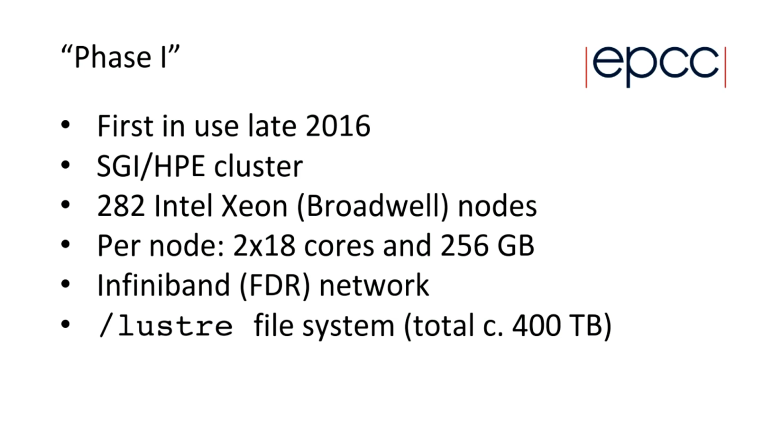The FDR bit, I think, stands for fourteen data rate. The rather mysterious figure of 14 translates to about 56 gigabits a second bandwidth. There's a standard Lustre parallel file system with about 400 terabytes of space on it.